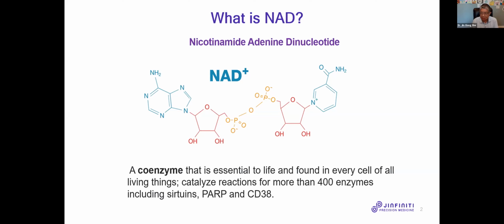You can imagine why this molecule may play a very important function in everything in life. And these enzymes include some that are very important for longevity. These are the sirtuins, the PARPs, and the CD38, and so on.